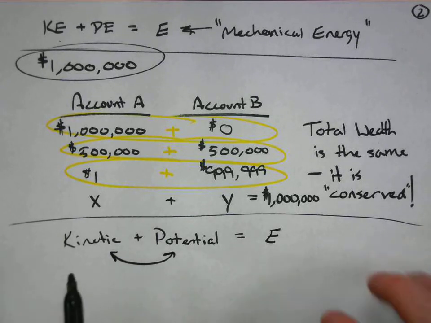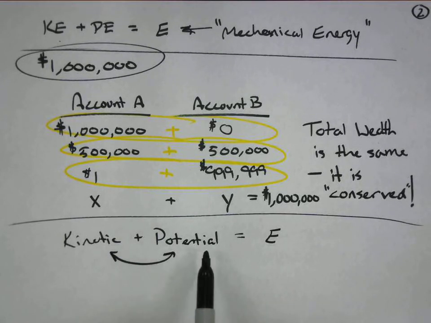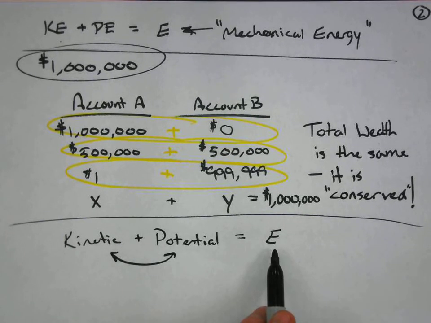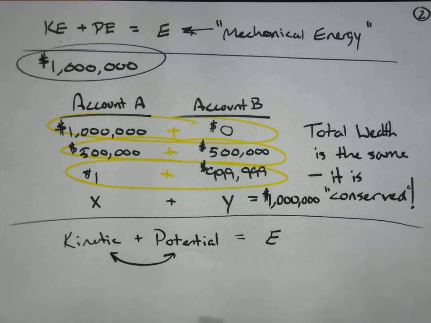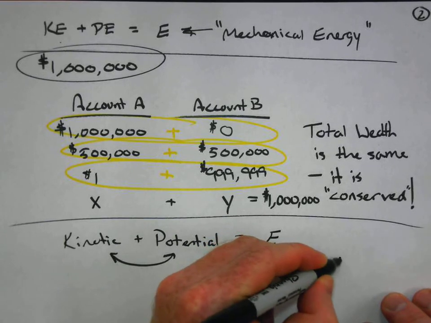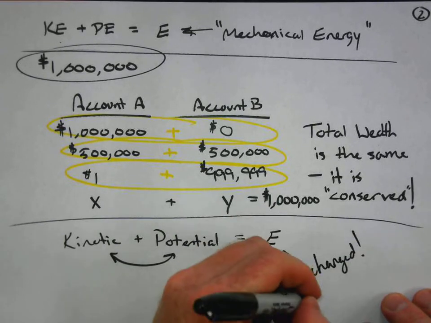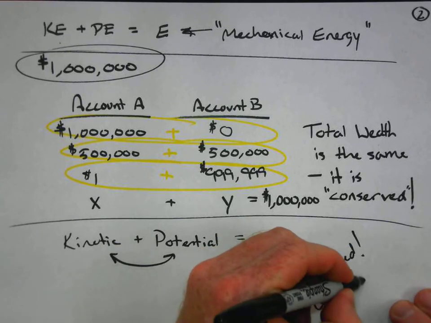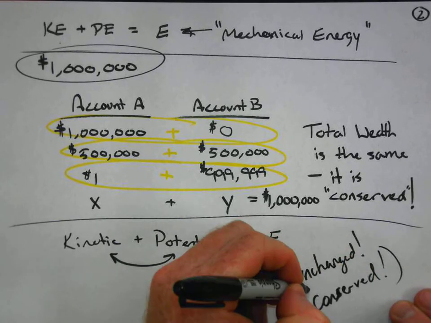You can transform energy from kinetic to potential or potential to kinetic, but the total must still be the same. That's what we mean when we say energy is conserved. This guy is unchanged. Conserved, that's what we say.